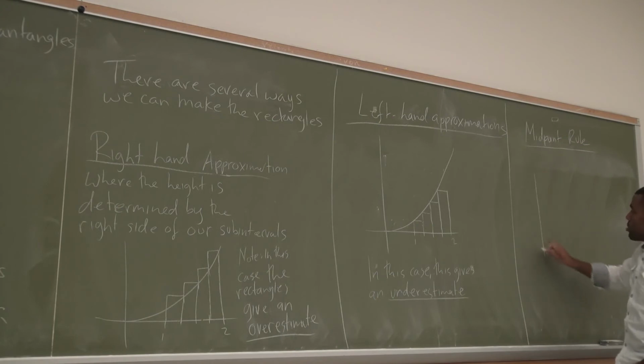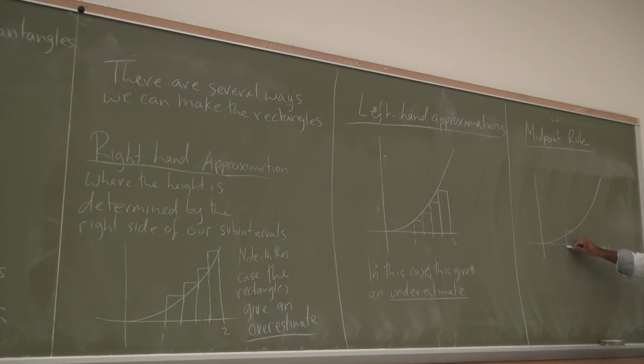Here I use the middle of each interval. So here's my function, 1 and 2. So I cut this into 4 pieces. And this time I use the middle of the intervals, and I make that where my rectangle's height is.